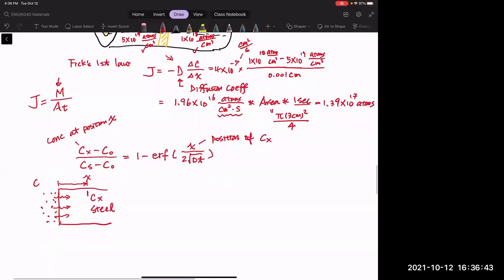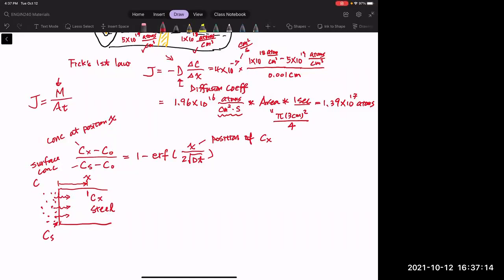And what is the Cs? Well, the Cs is the surface concentration. It is the concentration right here. And most of the time, this is going to be the concentration on the surface of the steel. Okay, and you also have another one which is the C0.